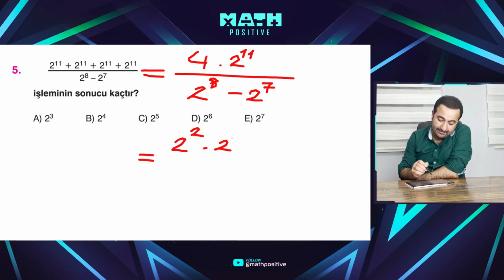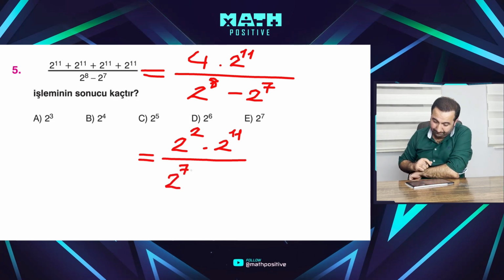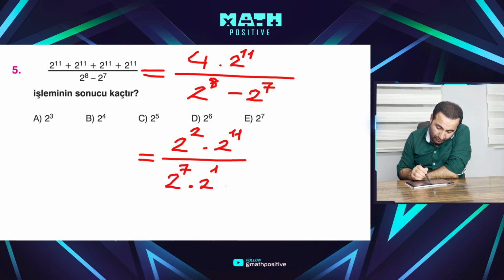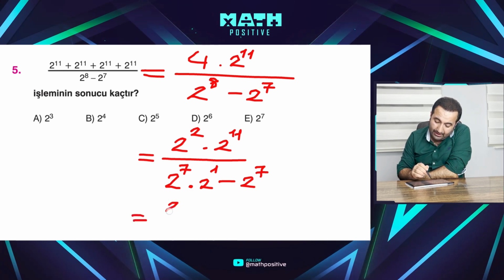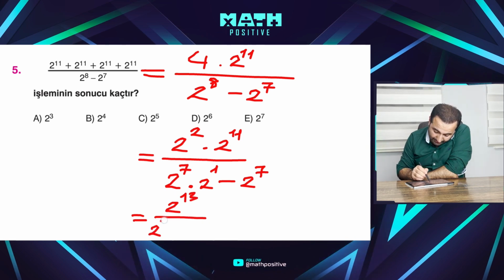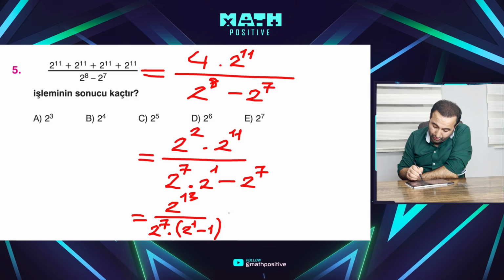The other side, we have 2 to the power 8 minus 2 to the power 7. Here we have 2 squared times 2 to the power 11 over, writing this 2 to the power 8 as 2 to the power 7 times 2 to the power 1, minus 2 to the power 7.